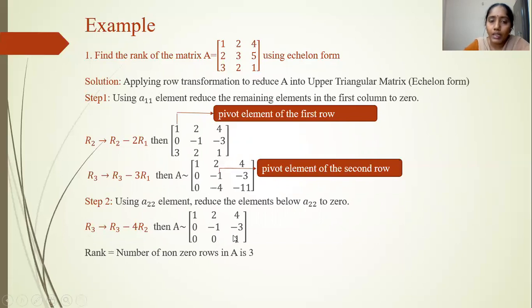Similarly, applying the same to the other elements, minus 11 minus 4 times minus 3, that means plus 12. Minus 11 plus 12 becomes 1. Now observe how many non-zero rows there are: 1, 2, 3. So the rank is equal to 3.